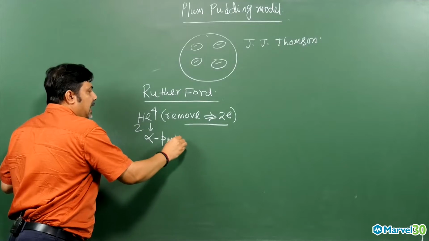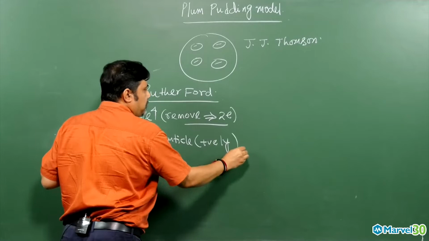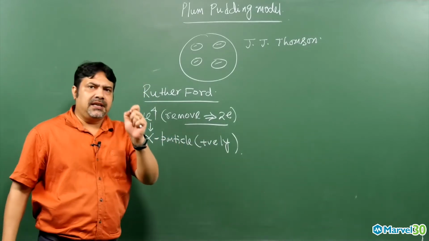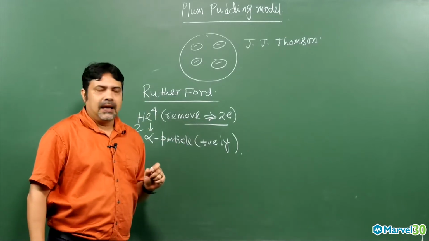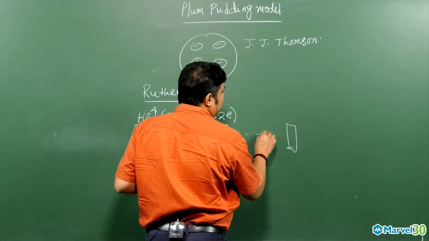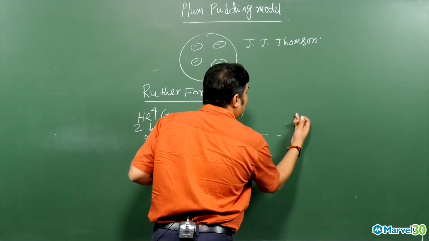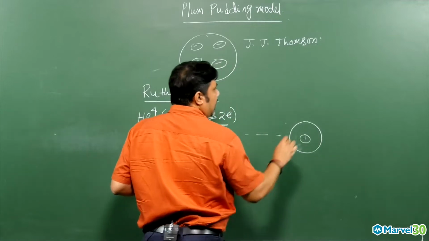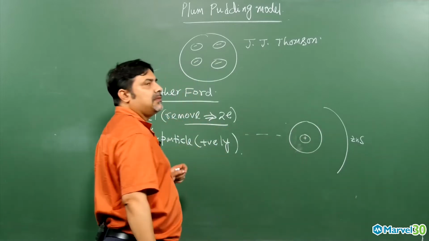The alpha particle is a positively charged particle. With this alpha particle, he took a very thin gold foil and struck the alpha particles on the gold foil. We can draw the gold foil like this, and at the back there is a zinc sulfide screen where the alpha particles can make an image.